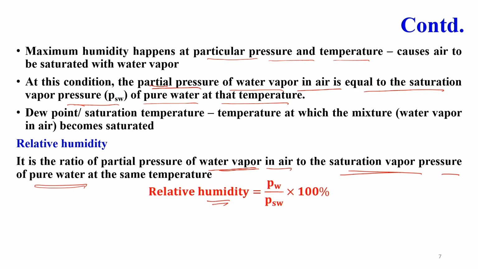In fact, when we say dew point or saturation temperature, this is the temperature at which the mixture becomes saturated, because the partial pressure of water vapor in the air is now equal to the saturation vapor pressure of pure water at the given temperature. That is why you can say dew point is a saturation temperature.